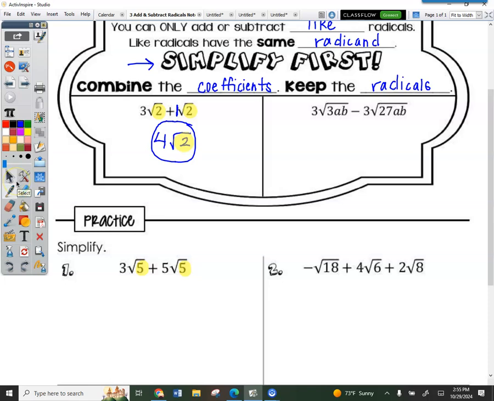Think of it as you've got to check the radicand before you can combine. So if I have 3 of them and then I add 5, now I have 8. I have 3 root 5s, I have 5 root 5s. I'm adding them together, so I have 8 root 5s. Does that make sense? Okay.